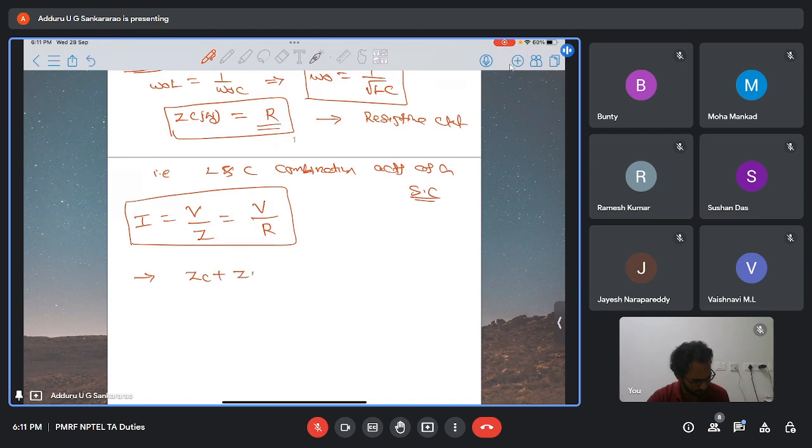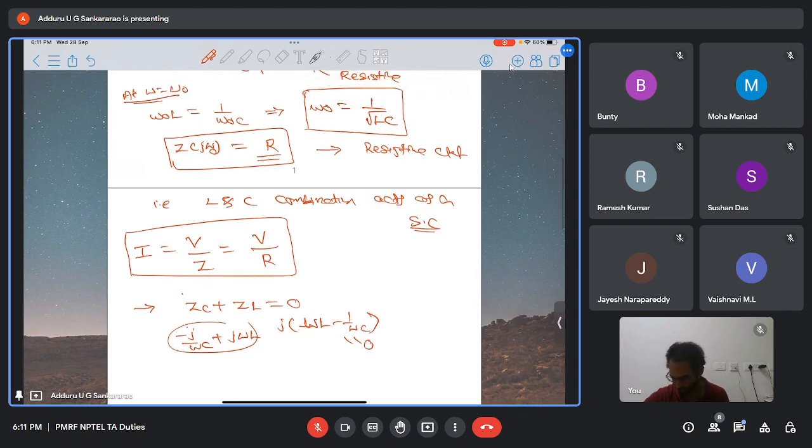At resonance ZC plus ZL equal to 0. ZC means minus j by omega C, plus j omega L. So this will become 0. That means j into omega L minus 1 by omega C will become 0 since both are equal.